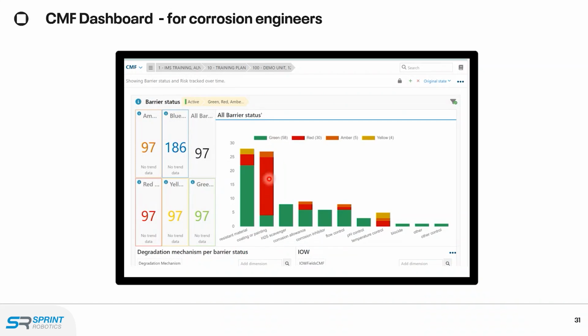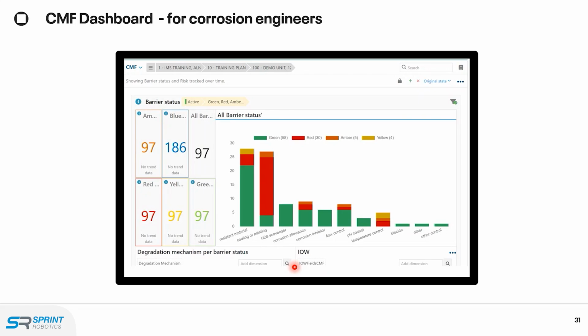Whenever you interact with that bar, it will bring up which degradation mechanisms are related to those barriers that are in red. We have IOWs. What are the risks of those equipment that are suffering from that degraded barrier? Visualizing and crunching that is also a very important part of degradation management.